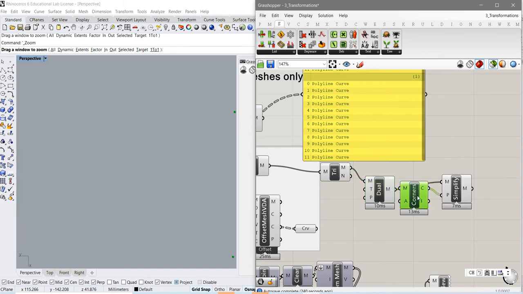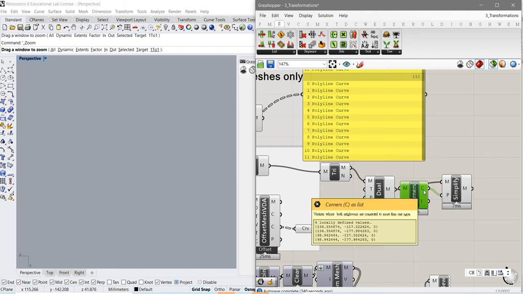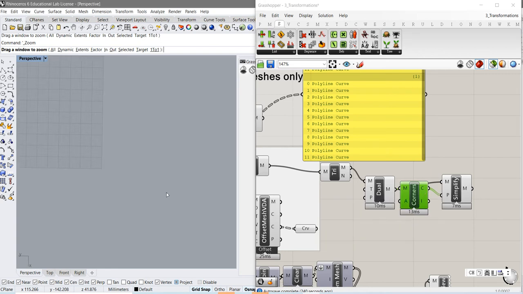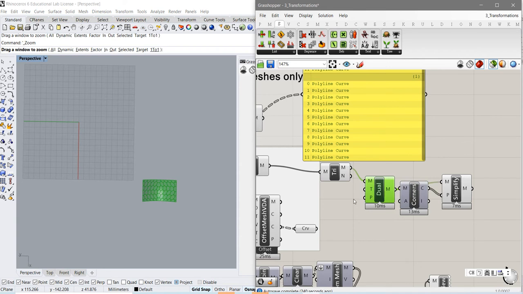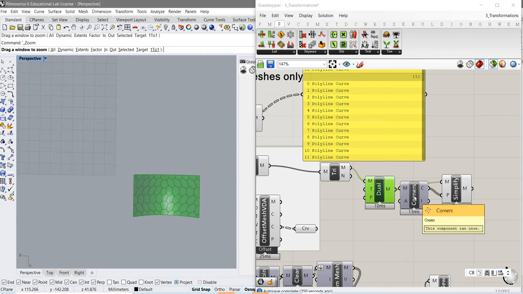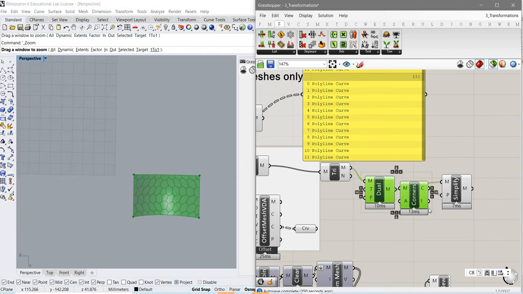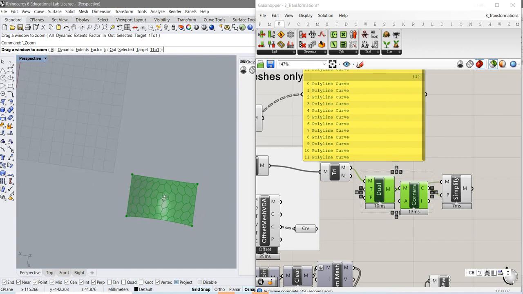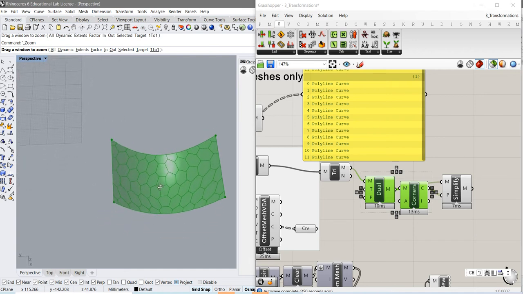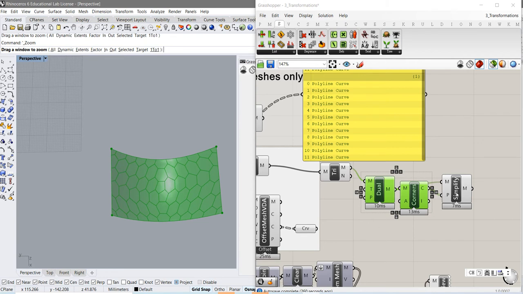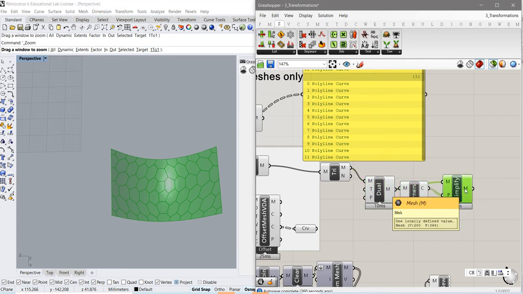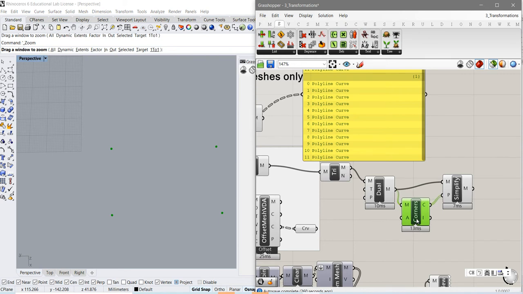You find the corners of the entire surface, not the panels. Okay, you fix this, and then you simplify the mesh.